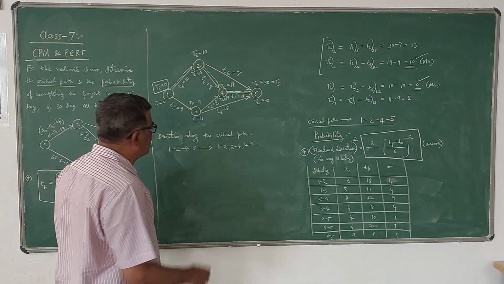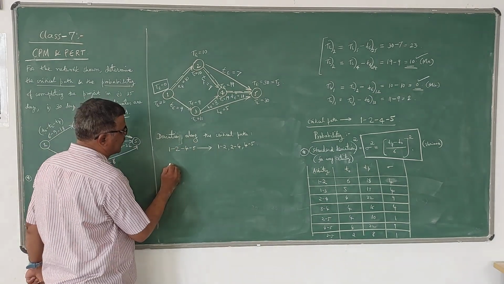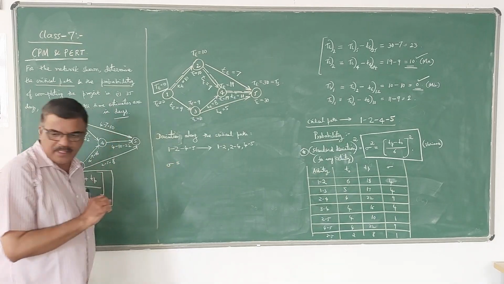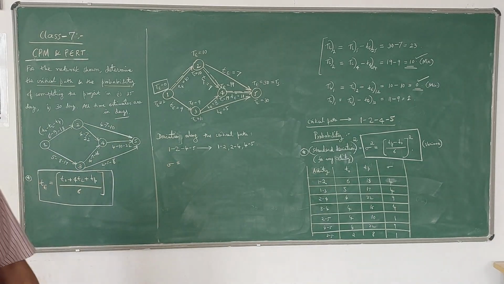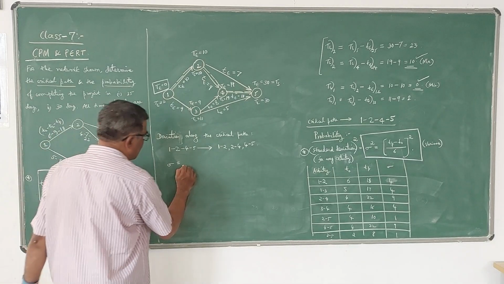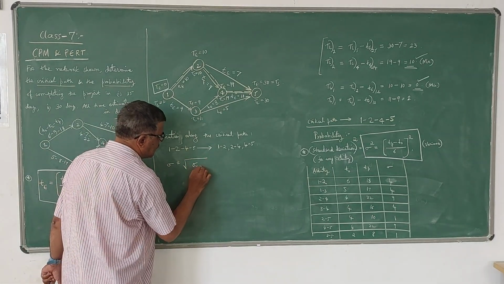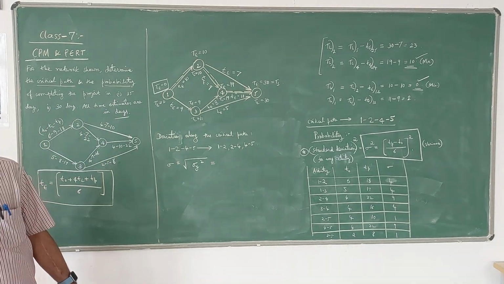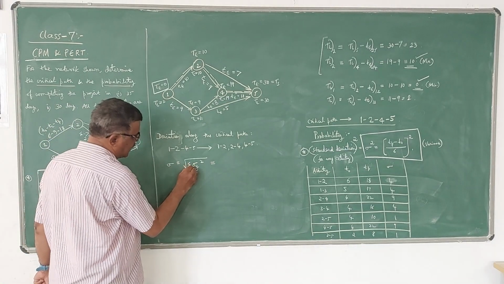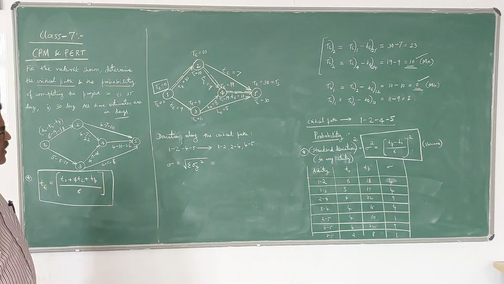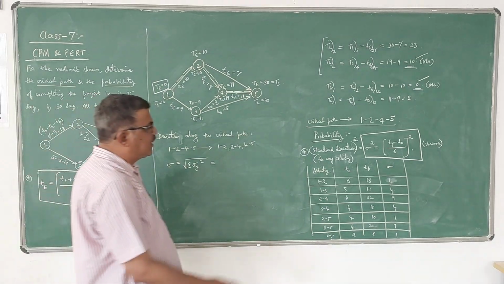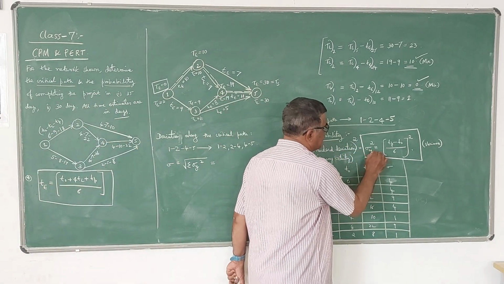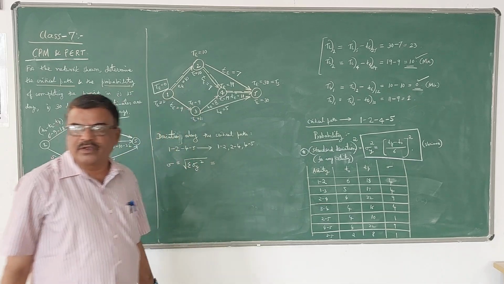Now the deviation along the critical path, sigma, is given by the square root of the sum of sigma y square. What is the meaning of this? Here we have calculated sigma y square for each activity.